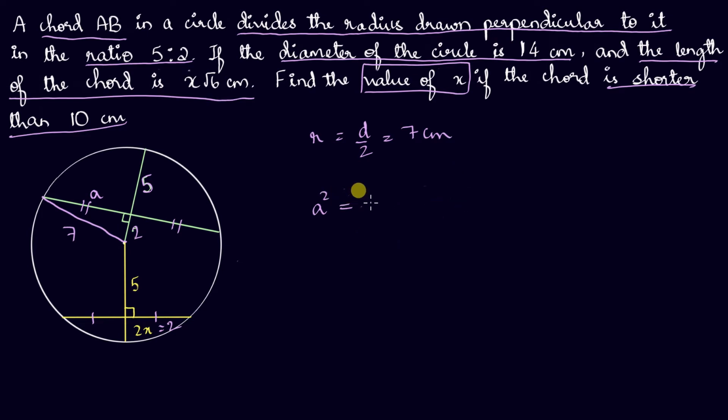So a square is 45 and a will be square root of 45. And the length of the chord is 2a, so 2a will be 2 times square root of 45, and that is 2 into root of 5 into 9, that is square root of 9 is 3, so that will be 6 root 5.